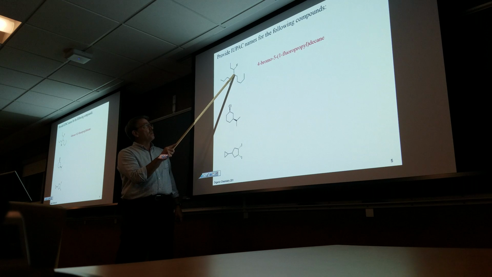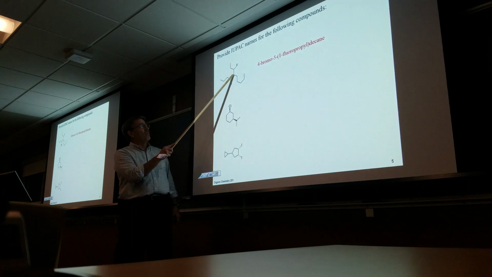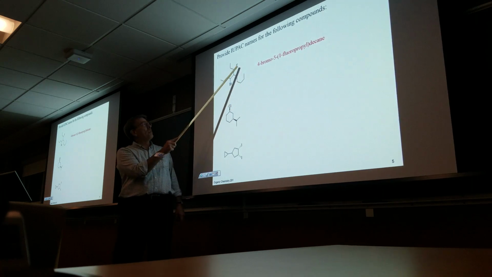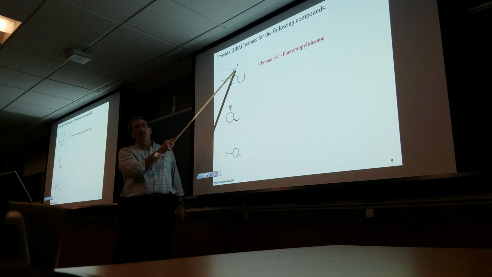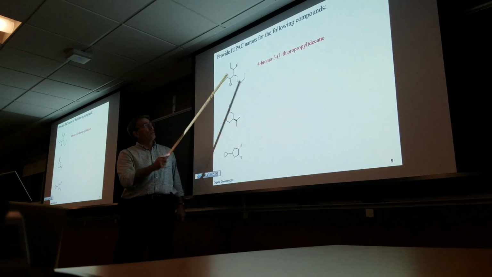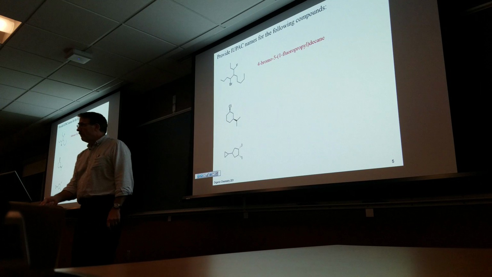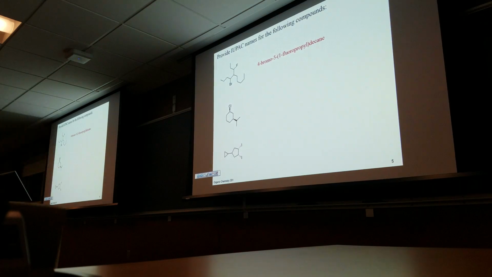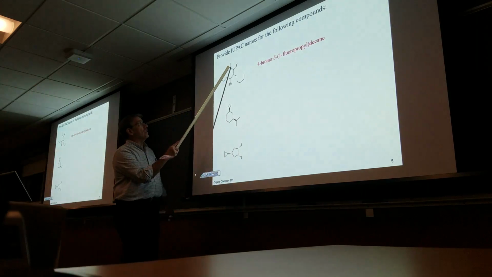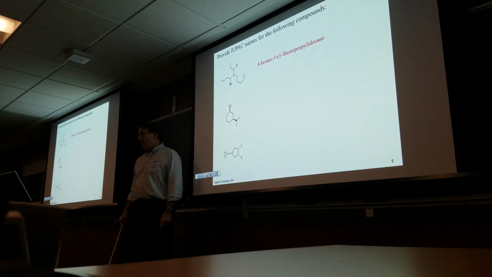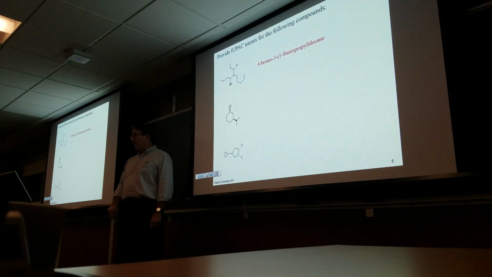Again, when I talk about substituents, the carbon which is attached to my longest carbon chain is always carbon number 1. So it's 1-fluoro, 1, 2, 3, that's a propyl group. And in that case, the 1 is important to include, because this fluorine could be at carbon number 2 or carbon number 3. It would be a completely different compound.